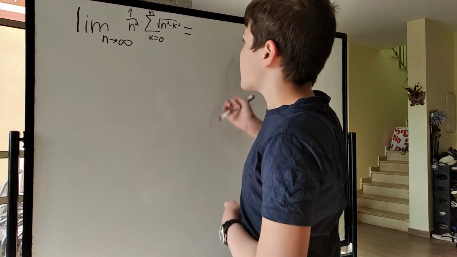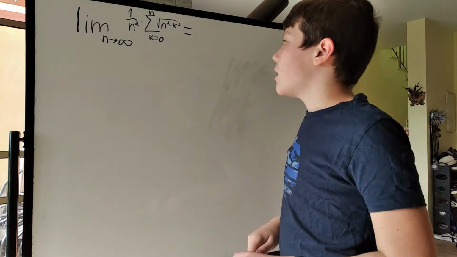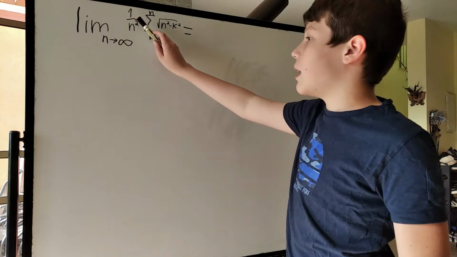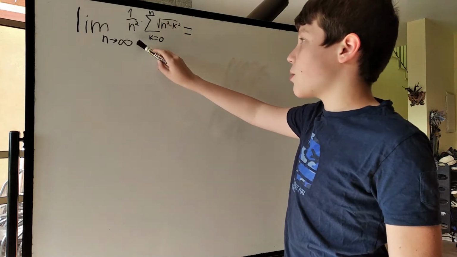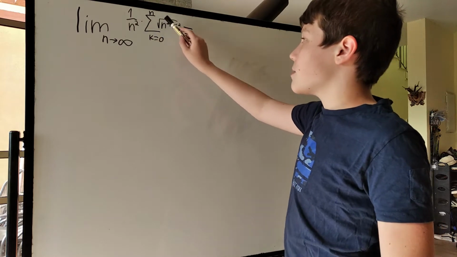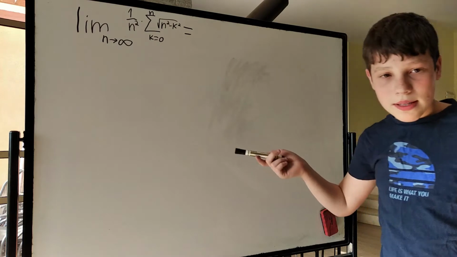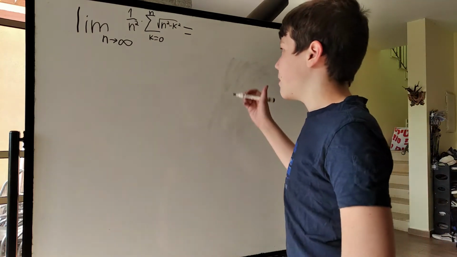And we will divide it by n also by using one of these 1 over n squares. So we'll have left 1 over n times the sum as k goes from 0 to n of this square root of n squared minus k squared, that divided by n.